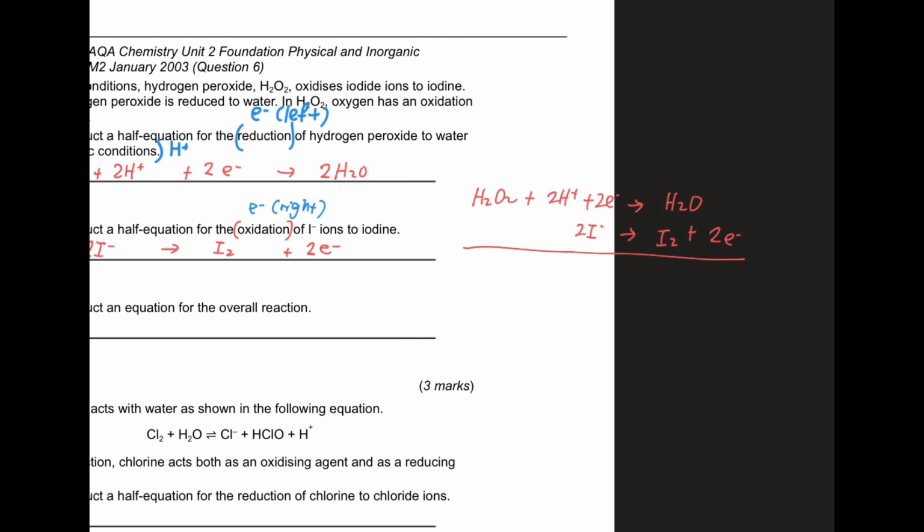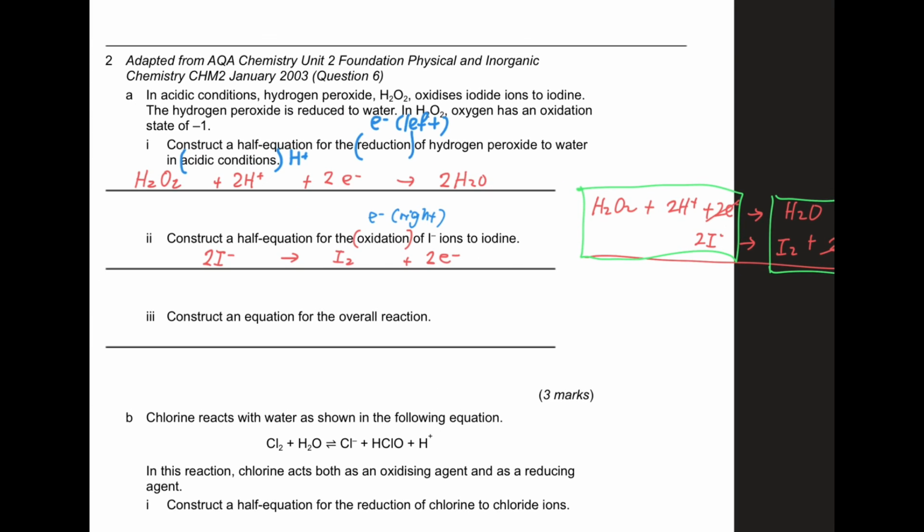To get the overall, you cut this and this. After that, whatever you have on the left, you put on the left, and whatever you have on the right, you put on the right. If there are the same things on both sides of the equation, then you can simplify it also. For example, if you have H2O on the right and H2O on the left, then you can cancel out both sides.